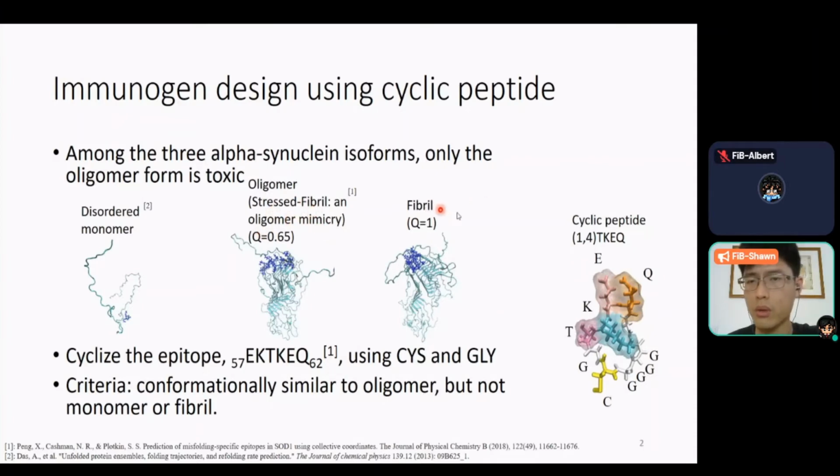For the fibril structure and cyclopeptide structure, we generate their conformational ensembles by hundreds of normal molecular dynamics simulations. So we have the 4 ensembles in hand, then we can start calculating our conformational similarity.